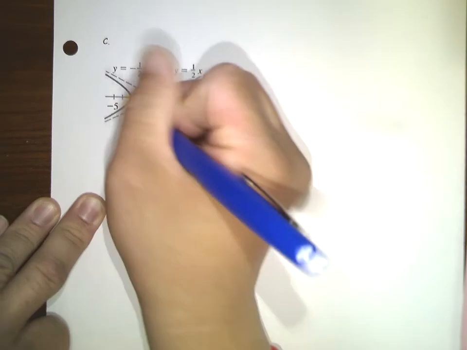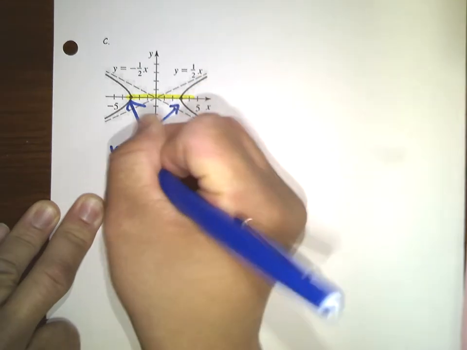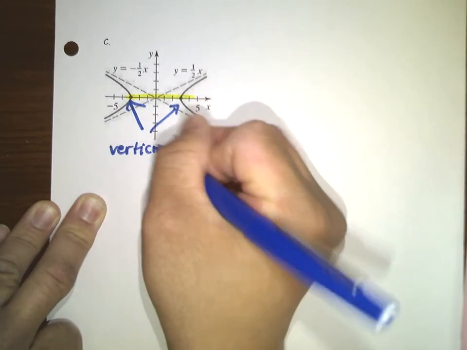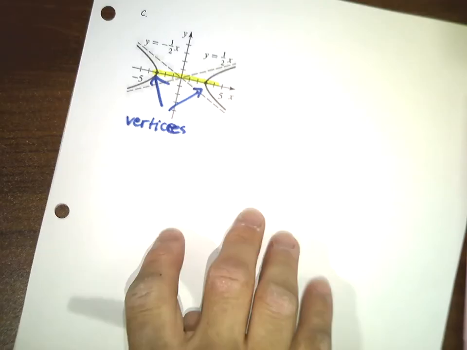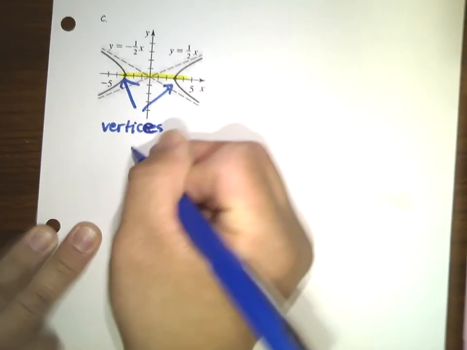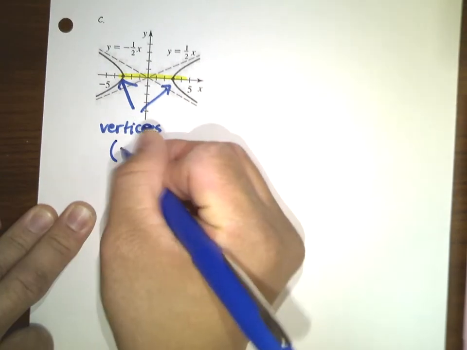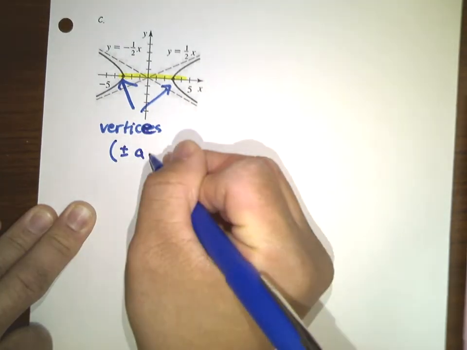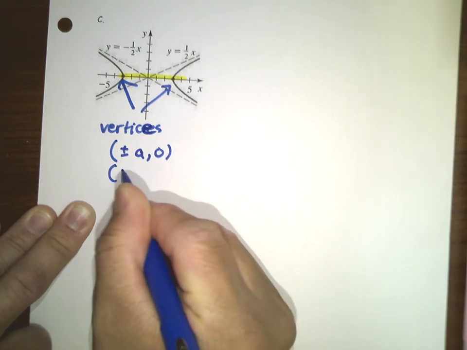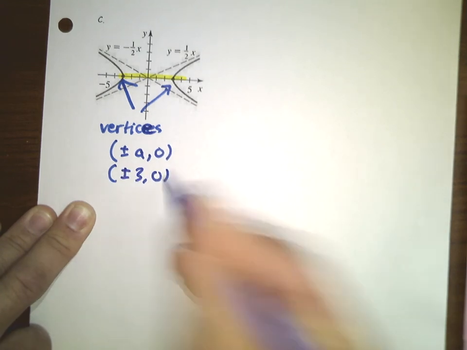So these are vertices, and these are vertices. They are of the form plus or minus a, 0, so they look to be at plus or minus 3, 0.